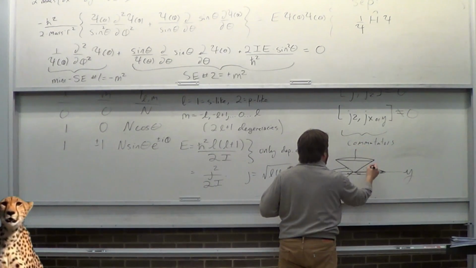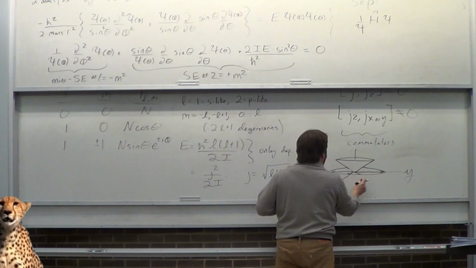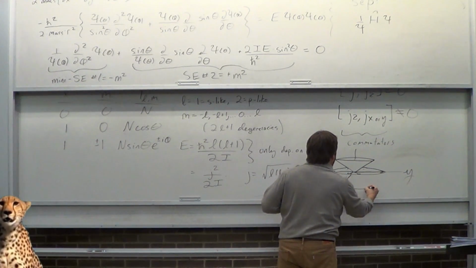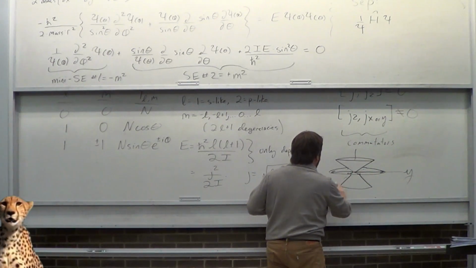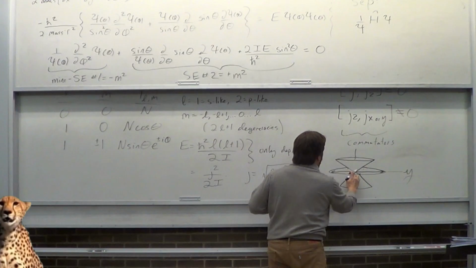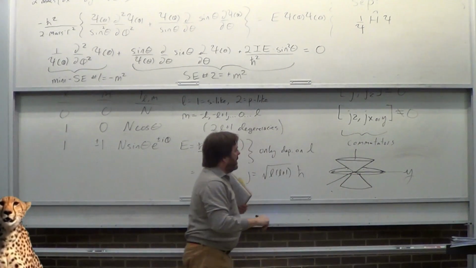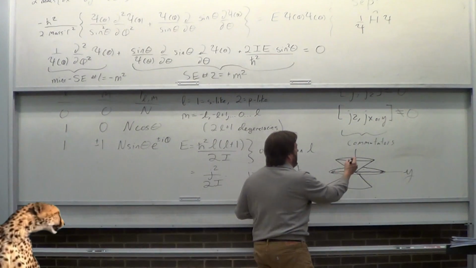There we go. Okay, so I can have this situation. There's a corresponding negative one as well. Again, I'm not trying to make this look hideous, but this is the best I can do.